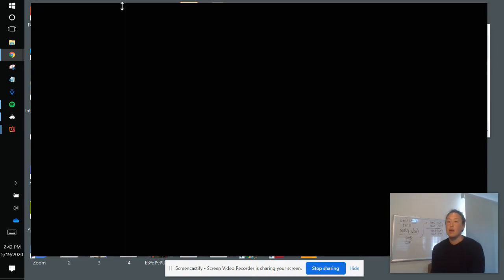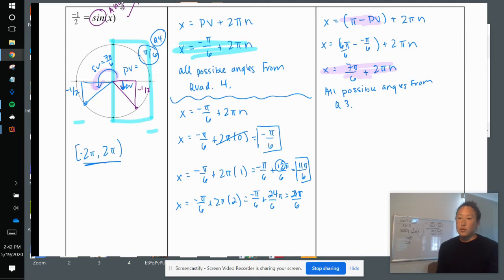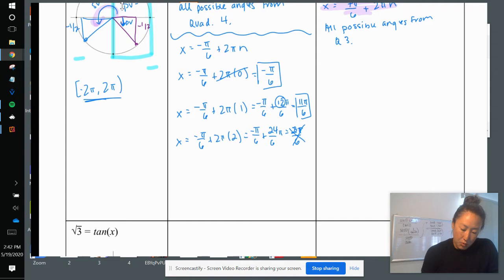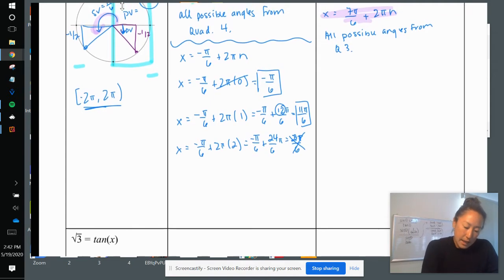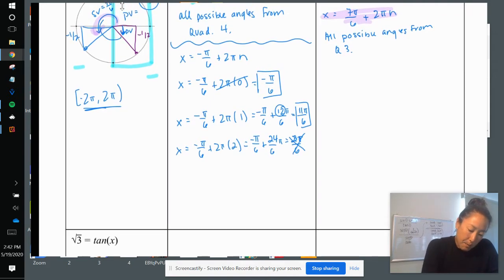Is 23 pi over 6 in the first full rotation? No, that's greater than 2 pi. So this one is outside of our domain. Okay. All right. So what I need to do now is test if I spun backwards one full rotation, would I still have an answer that works for me?